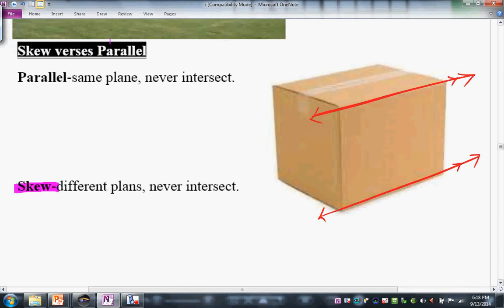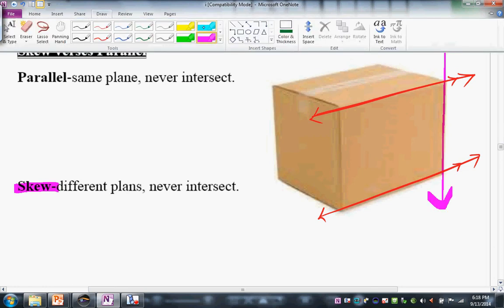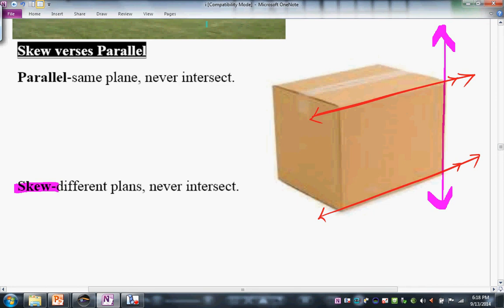Not to be confused with skew. Skew would be two lines that never intersect, but they're on different planes. So let me highlight a couple of them for you. So here's a line here. And a line here.